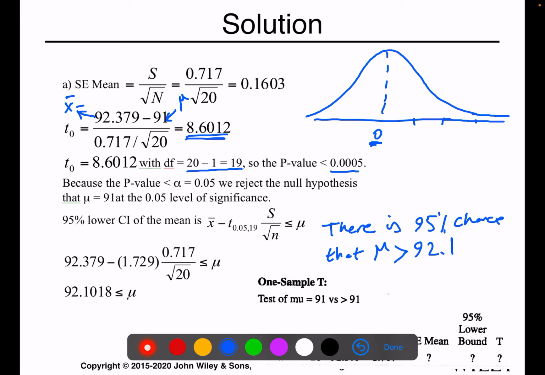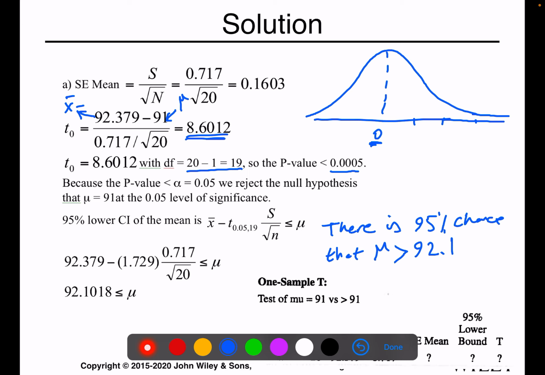That's what it means when we calculate a 95% confidence interval. Any questions?